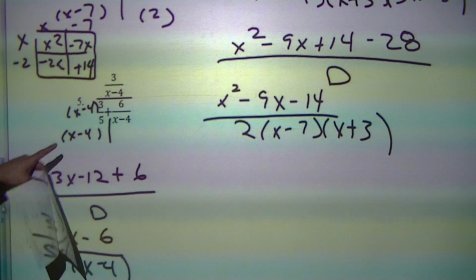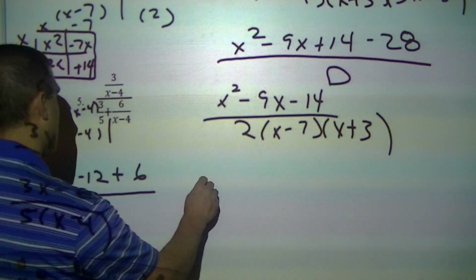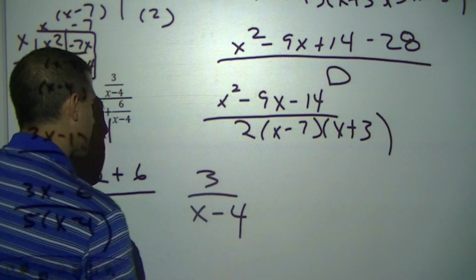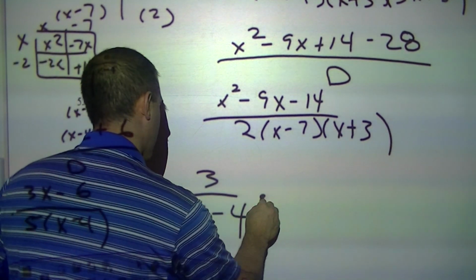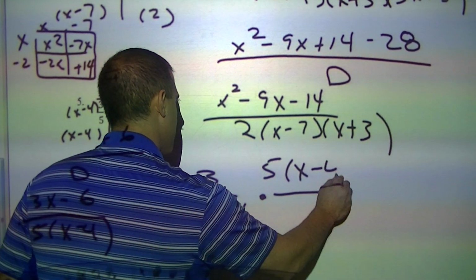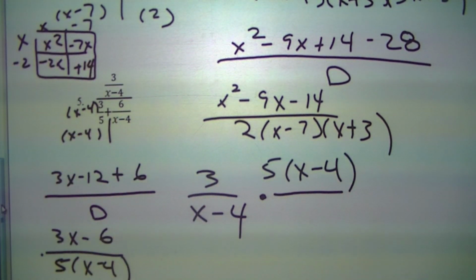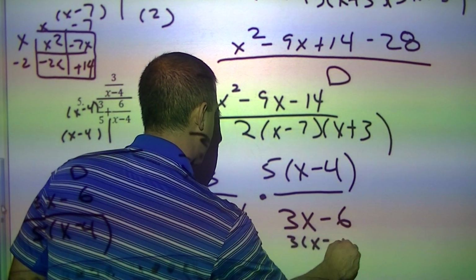Now, what this really is is a fancy symbol for division. So what I'm going to do is I got 3 over x minus 4. I'm not going to multiply. I got to flip that. So that's 5 over x minus 4. And this is 3x minus 6. Now, if you wanted to, you could have written it like this.